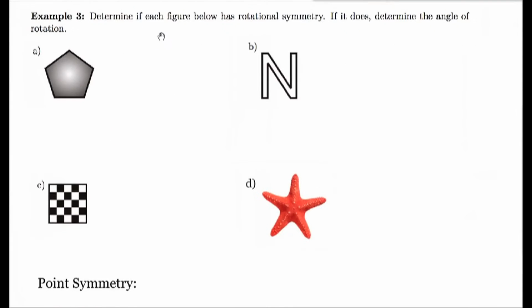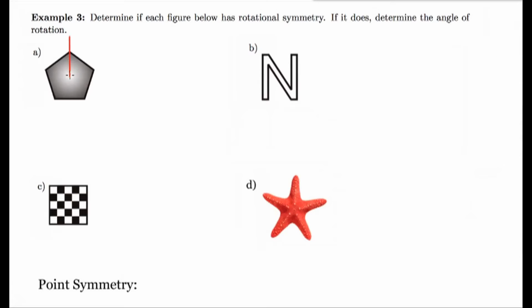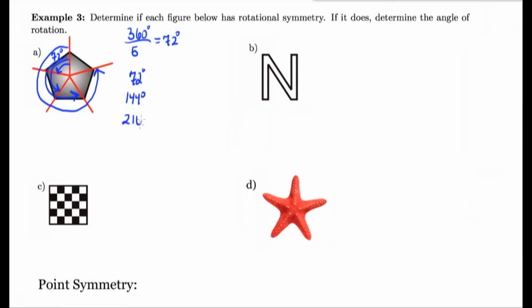For the pentagon, from the center I can draw 5 lines, and I can see that this cuts my pentagon into 72-degree angles, which if I rotate by 72, 144, 216, and 288, I get the exact same pentagon. Part B, we see that the letter N has 180 degrees.